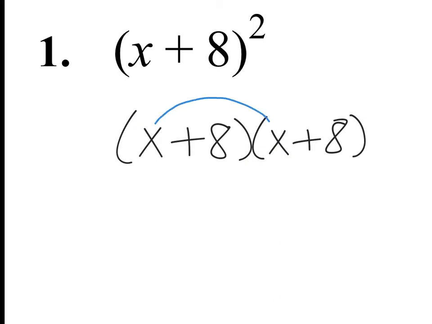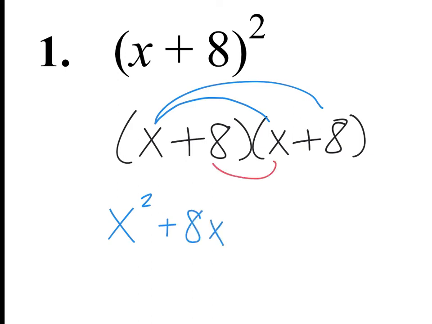So for like the third time, x times x. JJ, what's x times x? Alina, what is x times 8? Okay. That's distributing the x, and now we distribute the 8. Julian, what's 8 times x?